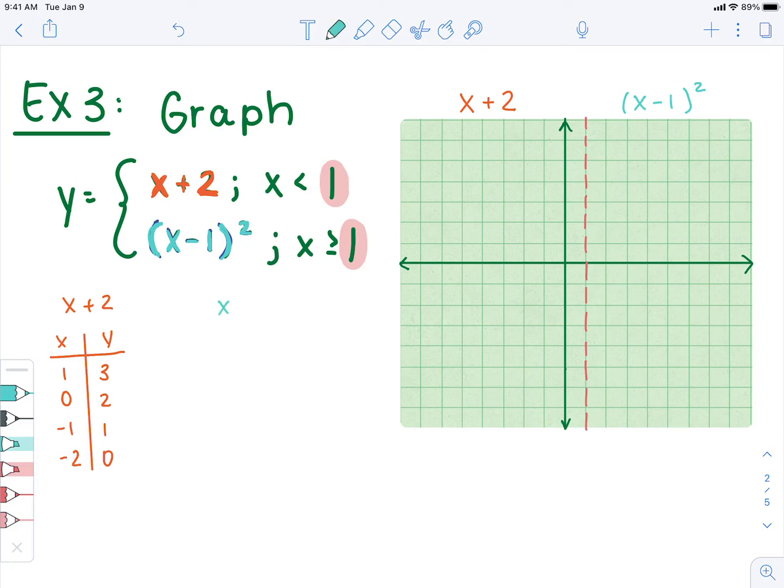And then I need to make a table for x minus 1 squared. And I used 1, 2, 3, and 4 for that, which I got 0, 1, 4, and 9.